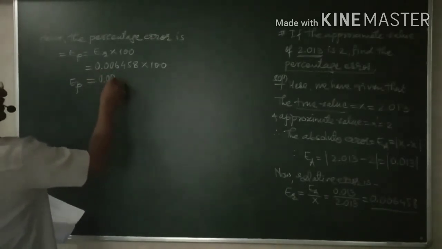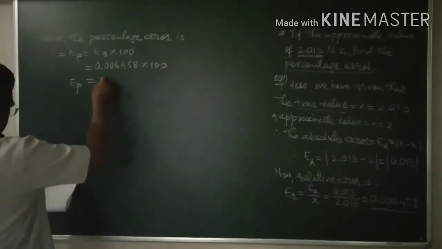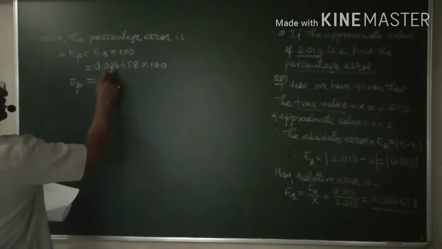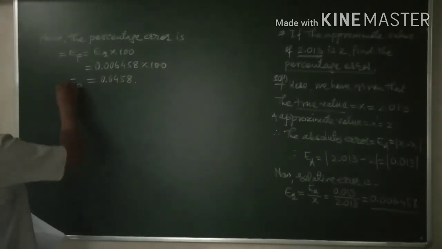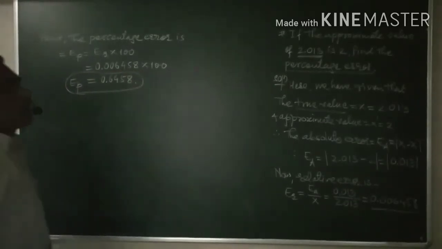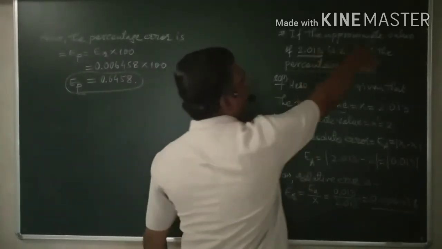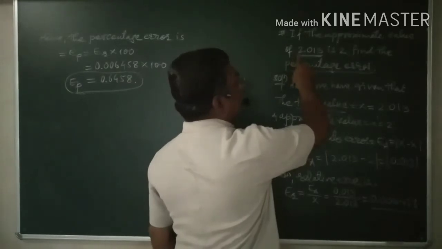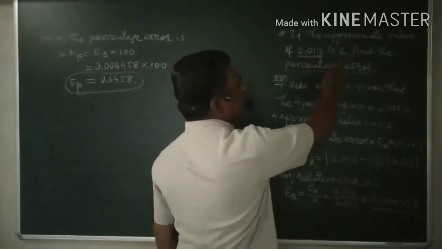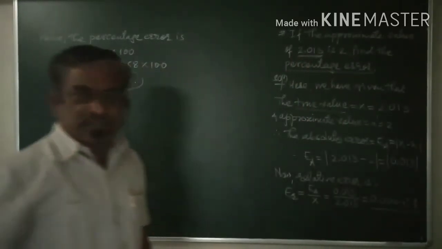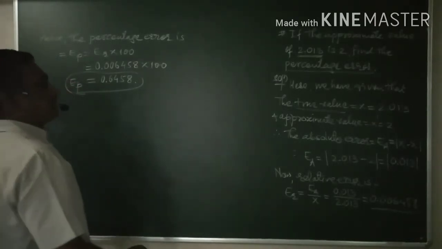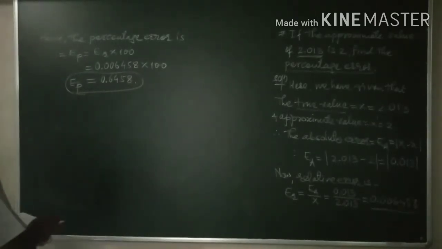There are 2 zeros here, therefore the decimal point is shifted 2 places, giving 0.645 percent. This is the answer to our question: if the approximate value of the number 2.013 is 2, then find the percentage error. Well, this is the second type.